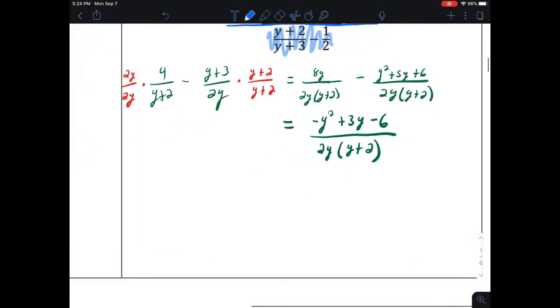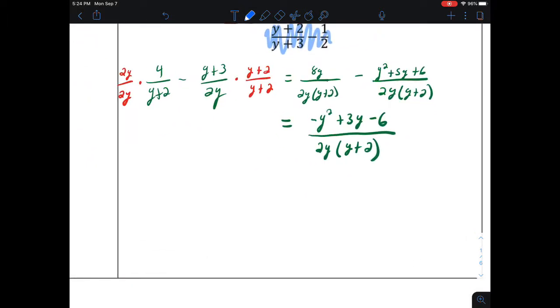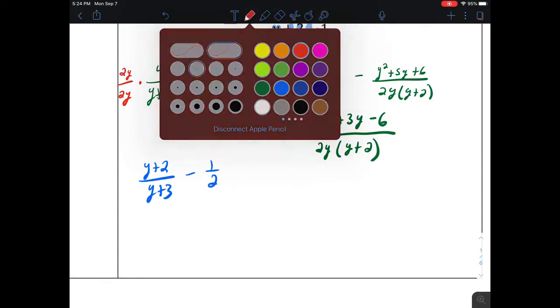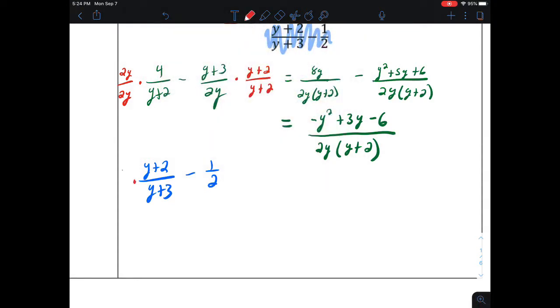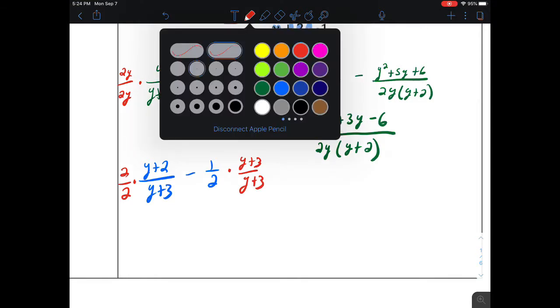Try to condense it. So what we have is y plus 2 over y plus 3 minus 1/2. I need to get common denominators. So multiply the fraction on the left by 2 over 2, and the fraction on the right by y plus 3 over y plus 3. And then work from there.